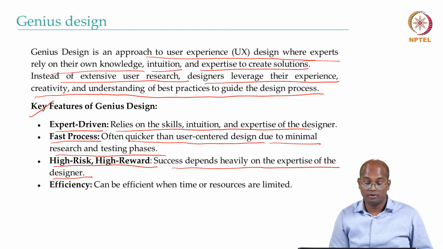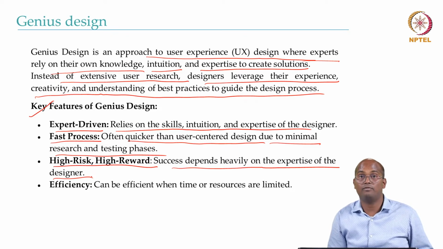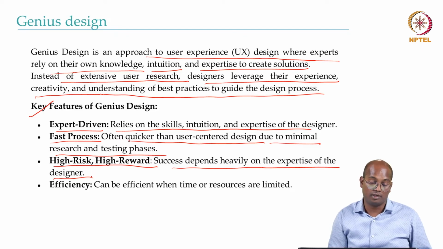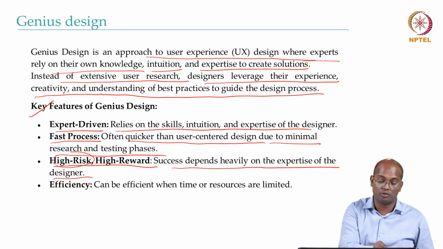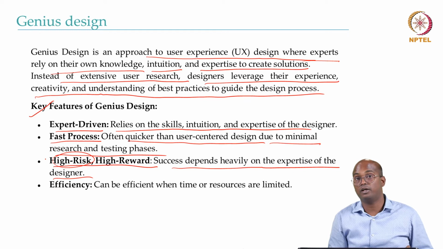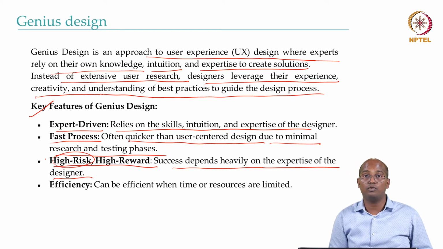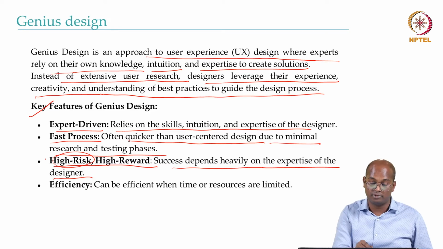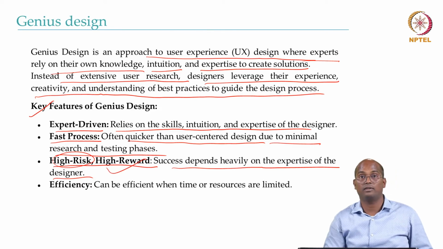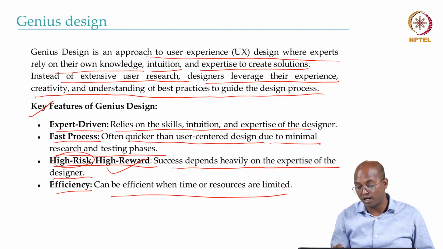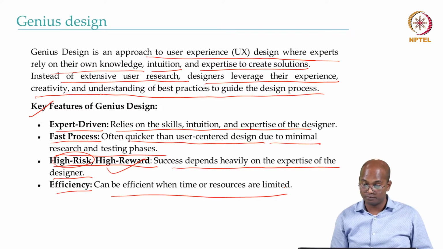But what if the expert that you have may have the wrong assumption about the system or the user? In that case, the risk is too high and it may fail. But if the expert indeed knows everything about the user and the problem, I think it will be great. iPhone is one such example. Efficiency, it can be efficient when time or resources are limited.